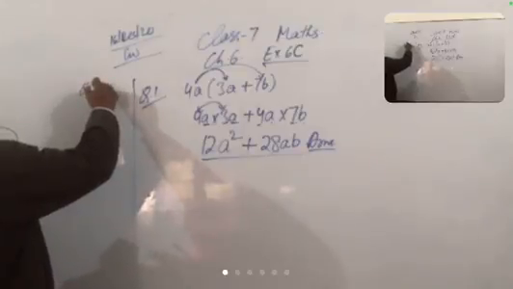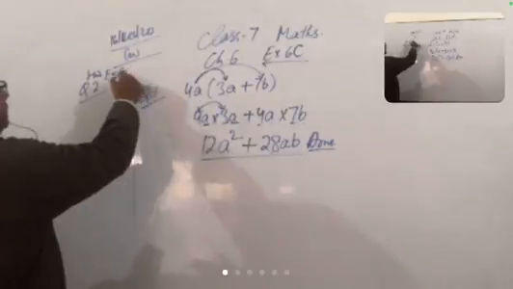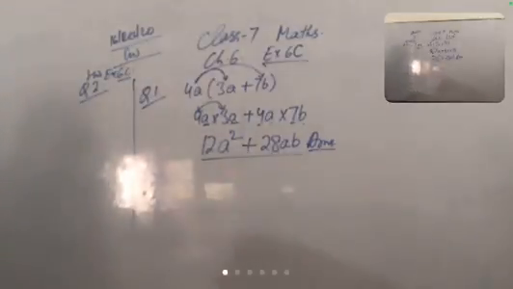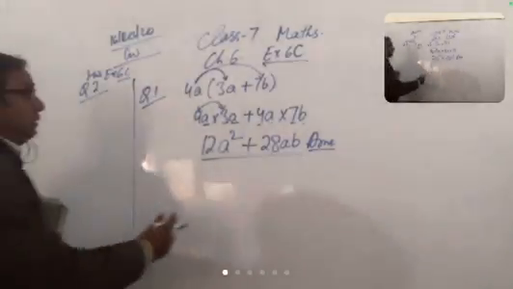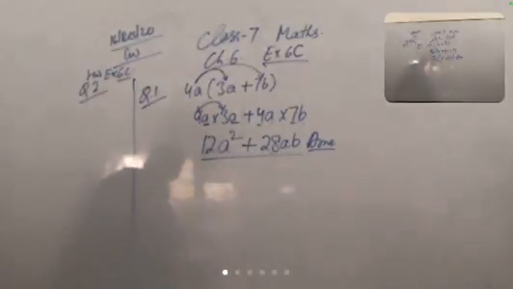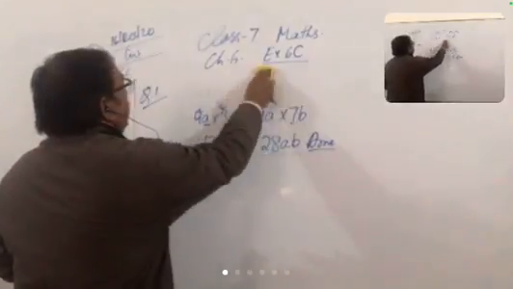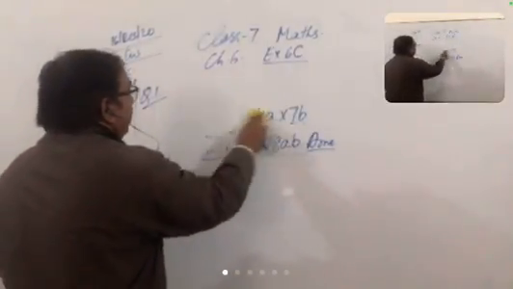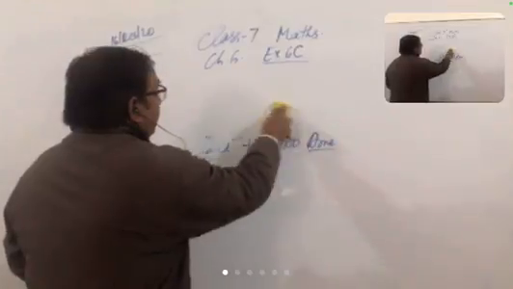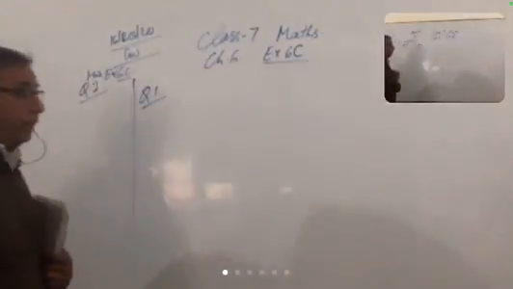Question number 2. This is the homework from exercise 6C. Everyone mark it simultaneously with this. This is very easy, if you use your brain a little bit more, then you can get your answer very quickly.